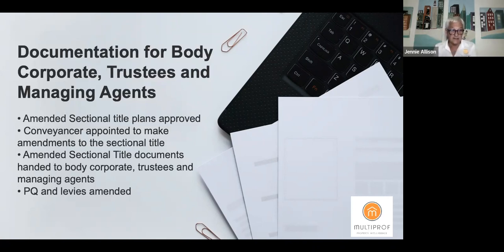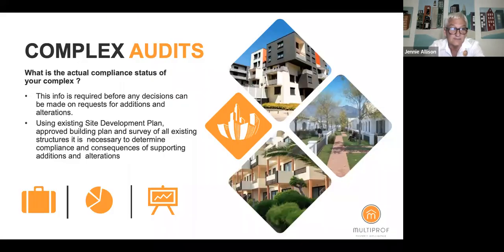The conveyancer will get the documentation from the surveyor general that was approved, and the amended sectional title plans will then be handed to the managing agent and the body corporate for the PQs to be amended. Now, just a bit of what we see in practice.